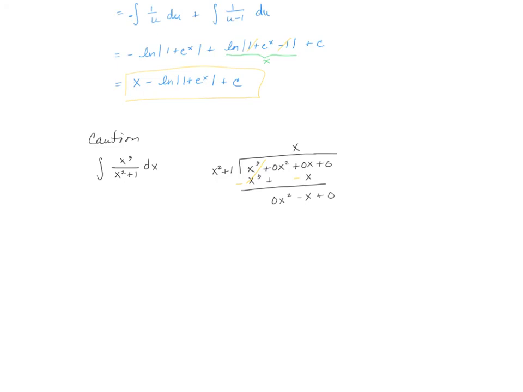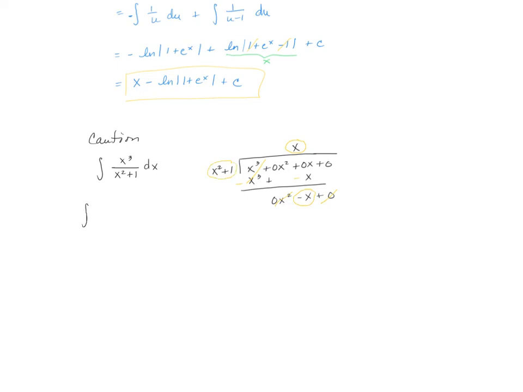Well, I'm done, right? Because this is gone. This is nothing. I just have a negative x. What that means is this integral is equal to the quotient, x, plus the remainder over the divisor.